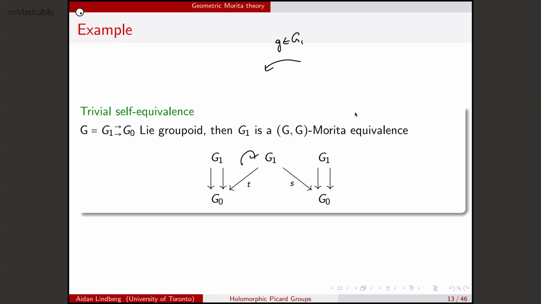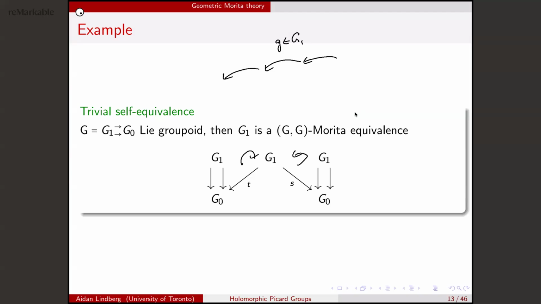If I have some arrow in G1 whose source is the target of this g, then I need to get something else in G1. And how am I going to do that? Well, I can just post-compose. So the left action is just given by categorical post-composition, and the right action is just categorical pre-composition. Those are the left and right actions.